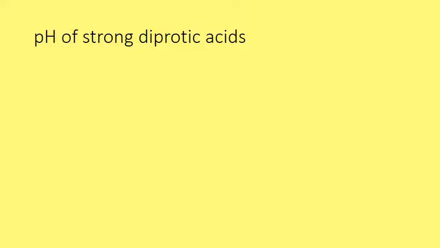So if monoprotic means 1 proton per molecule of acid, diprotic surely means 2 protons per 1 molecule of acid, and surely it does.